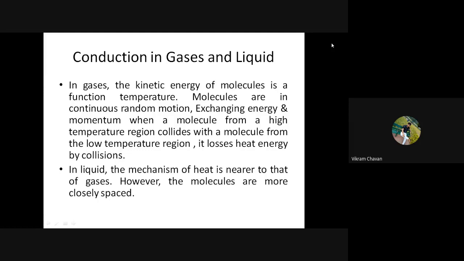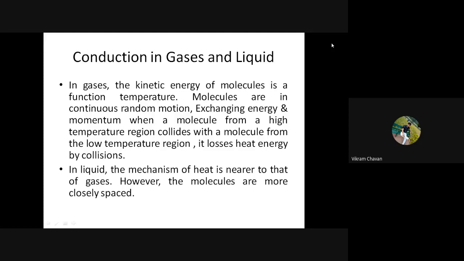In a similar manner, we have discussed that conduction is considered when two substances are in physical contact. Once these air molecules collide with each other, they are in physical contact and they exchange heat energy with each other.